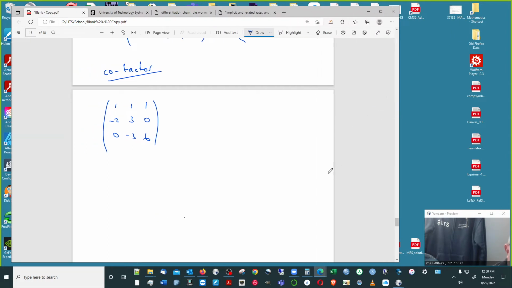Alright, now for the cofactor method, what's the difference between a determinant and a cofactor method? There is only one difference. For the cofactor method, you have to do all of the points. So if you do the first one, you'll have 1, 1, 1.